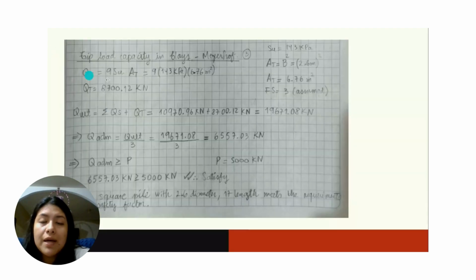For the tip load capacity, we will use the same method as for the circular section, the Meyerhof method.